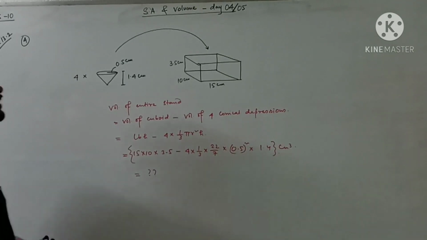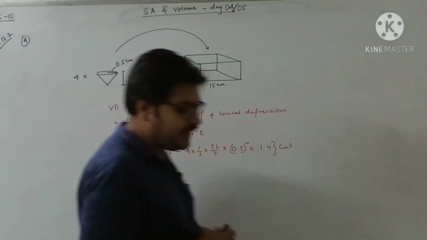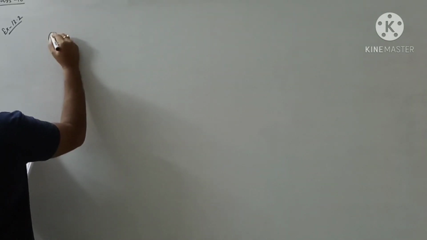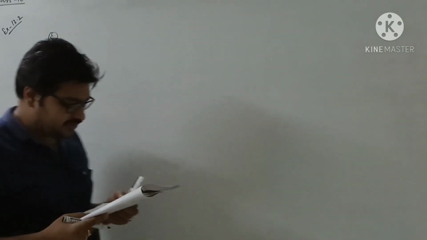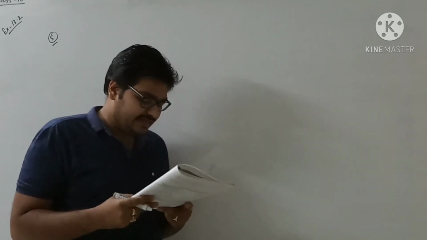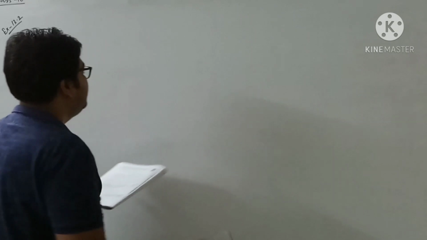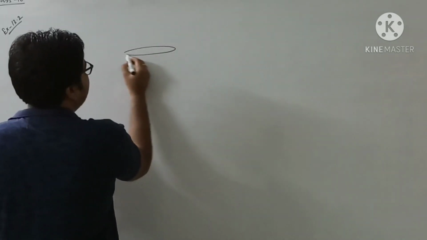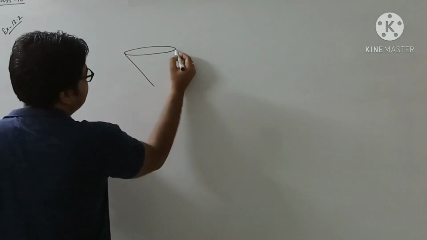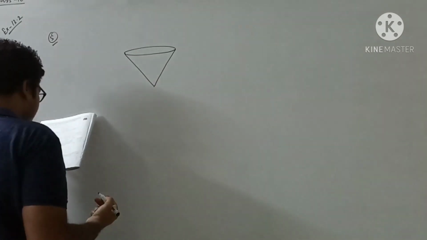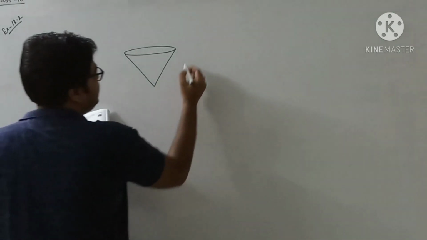Okay. So now we are moving to the next question, question number 5. What is the question that you see? A vessel is in the form of an inverted cone. This is the inverted one. Its height is 8 centimeters.